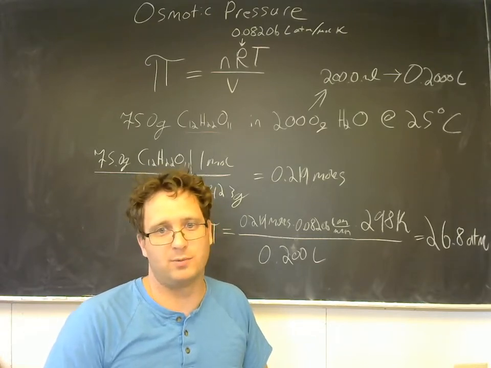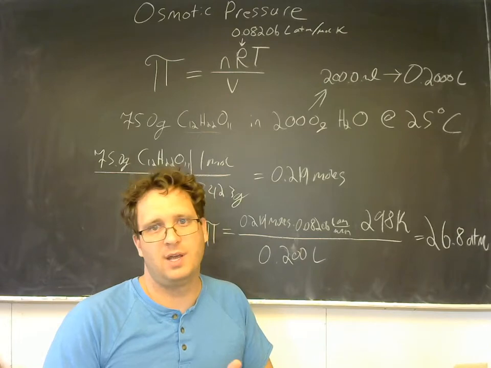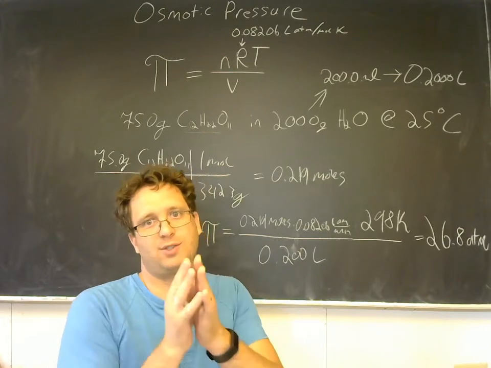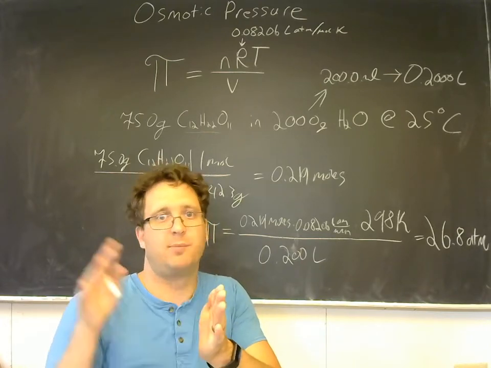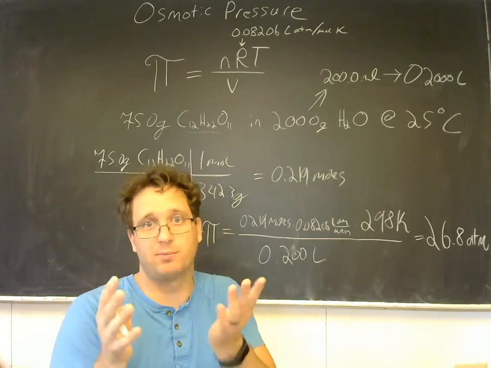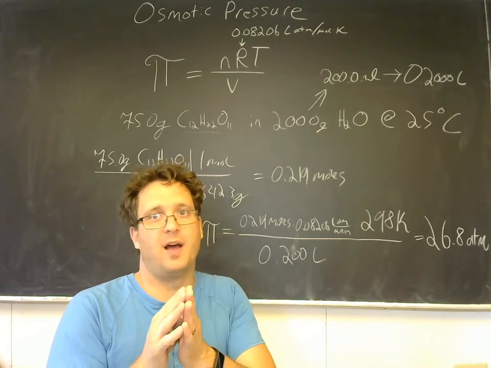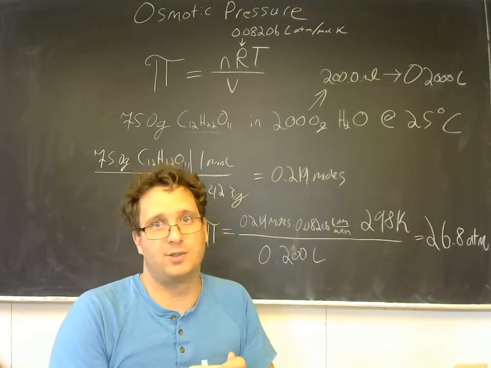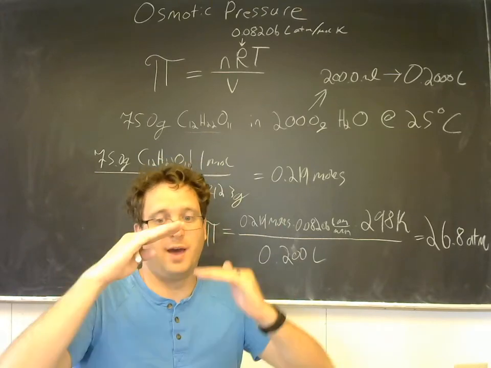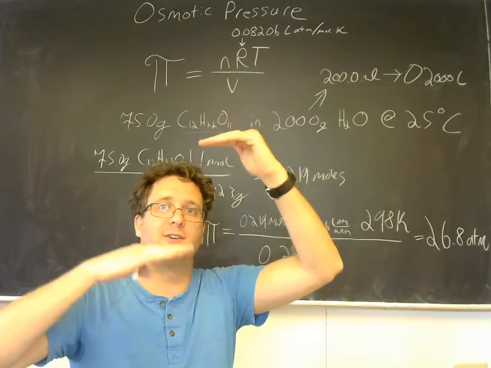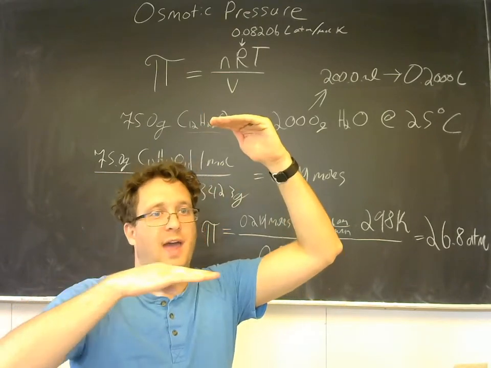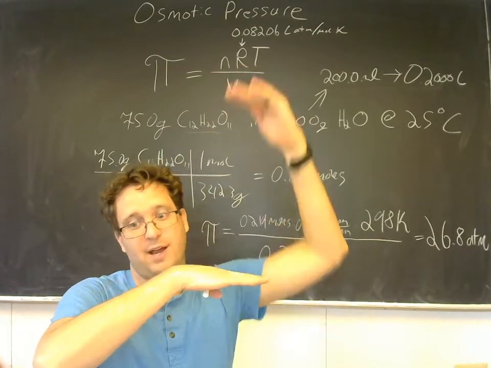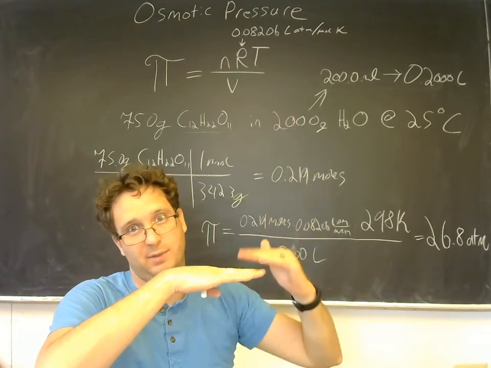Or if you put your sugar water solution in contact with pure water through a selectively permeable membrane, then the water would flow through that membrane in order to dilute the sugar water until there was a difference in the water levels that added up to a hydrostatic pressure of 26.8 atmospheres.